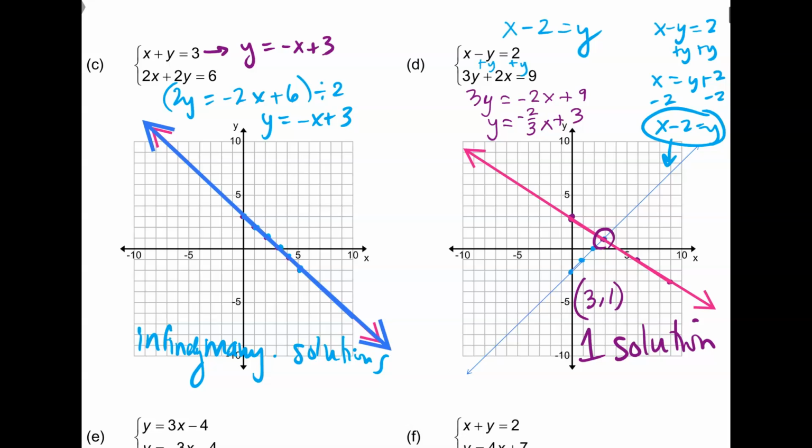So I rearranged the first equation, right? So I had x minus y equals 2. At this step right here, I add y on both sides to get x equals y plus 2. Then I subtract 2 from both sides, and I get x minus 2 equals y. All right.